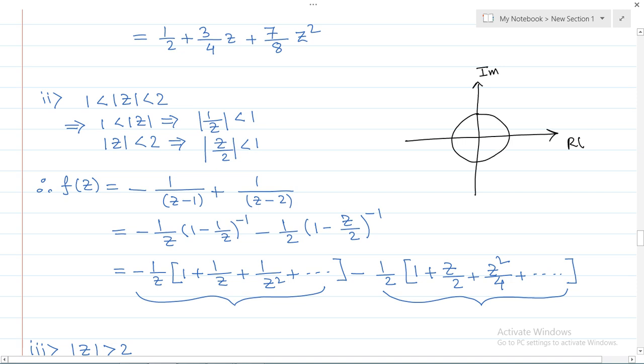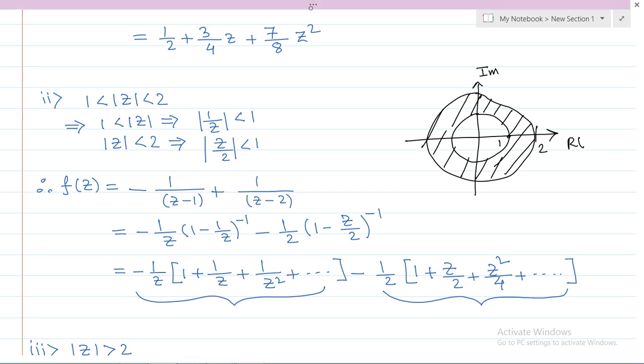Now they want modulus of z greater than 1, so we have to go outside of this circle. But modulus of z is less than 2 also. Very good. So this is the annular region over which we have to find the expansion of the Laurent series. Here it is 2, here it is 1. So 1 less than modulus of z less than 2.